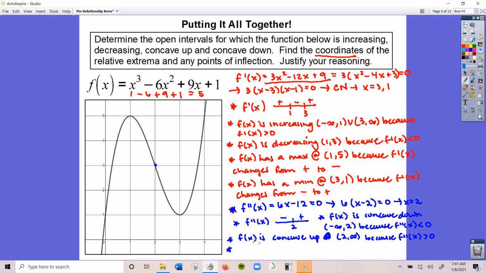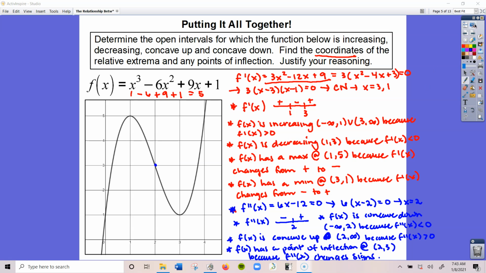So we would say that f of x has a point of inflection at (2, 3) because f double prime of x changes signs. As long as it changes signs, we have a point of inflection. So you don't have to say that it changes from positive to negative or negative to positive.